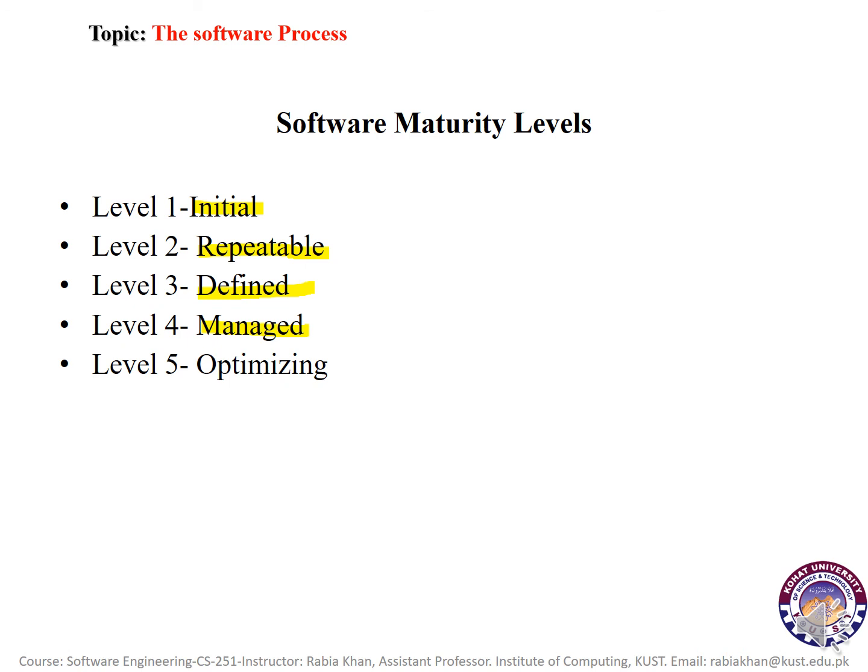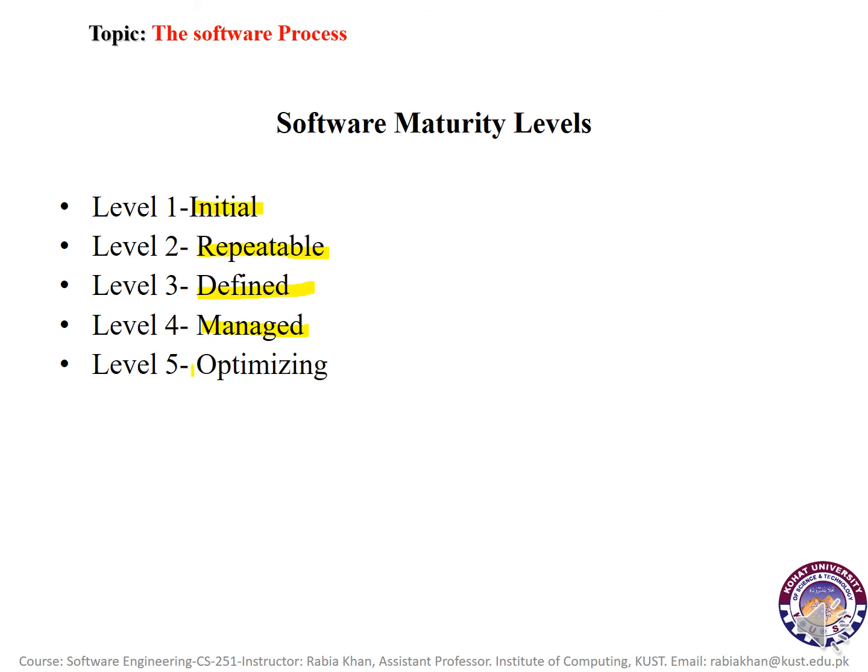So in this level, you need to have some measures to measure the effectiveness of the software process, also to measure the quality of the end product. It then also inherits the characteristics of level 3. So software process quality and the product quality is being measured in level 4.